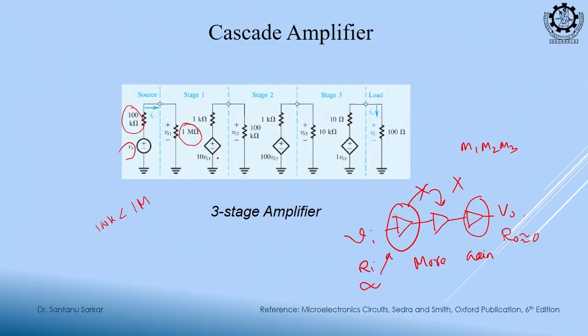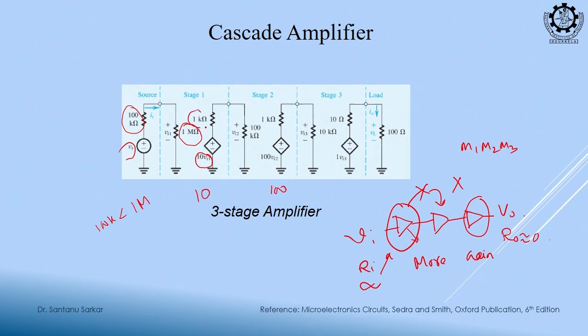Now, what is the gain of this first stage? 10 Vi, so the gain is 10. What is the gain of the second stage? 100. You are not satisfied with 10, so you made a second stage and made it 100. Now, what is the desired output resistance for the first stage? It should be 0, right.